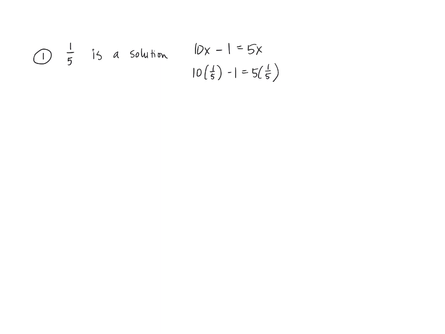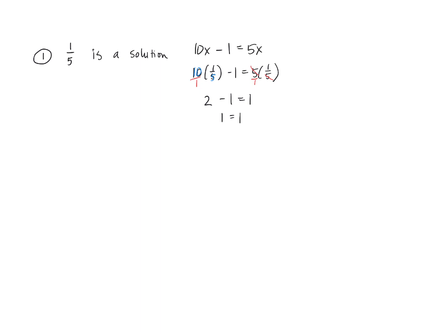So the 10 we could write as 10 over 1, and really what you're doing is you're dividing 10 by 5. So 10 divided by 5 is 2, minus 1 equals, I can write 5 over 1. So we're really just dividing 5 by 5, which is 1. So equals 1. 2 minus 1 is 1.